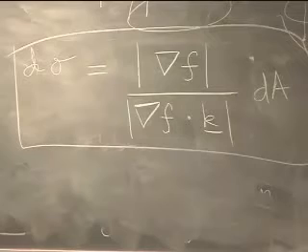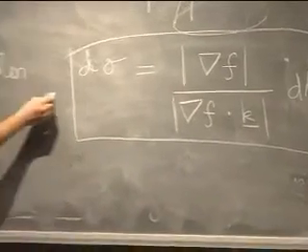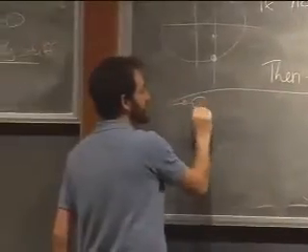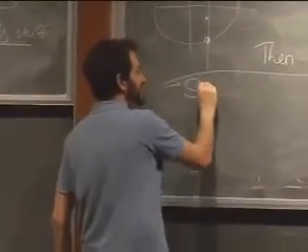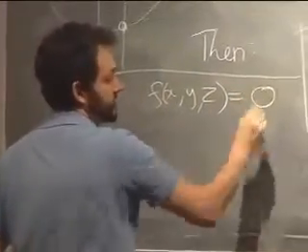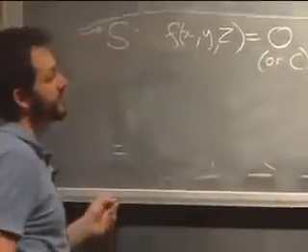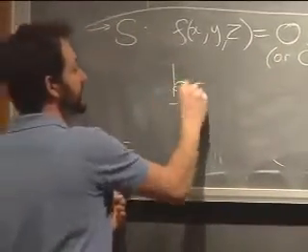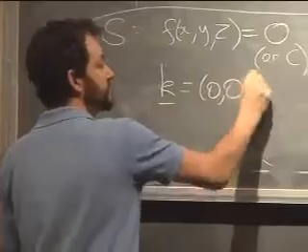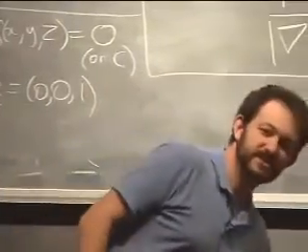Where this has a certain meaning. Little f is the function of the surface, and again, by way of explanation, S is the set f of x, y, z equals 0, or a constant. It doesn't matter. K, as always, is the vector 0, 0, 1. Don't forget that. You can look at this and say, what's the k? K is just the z direction.